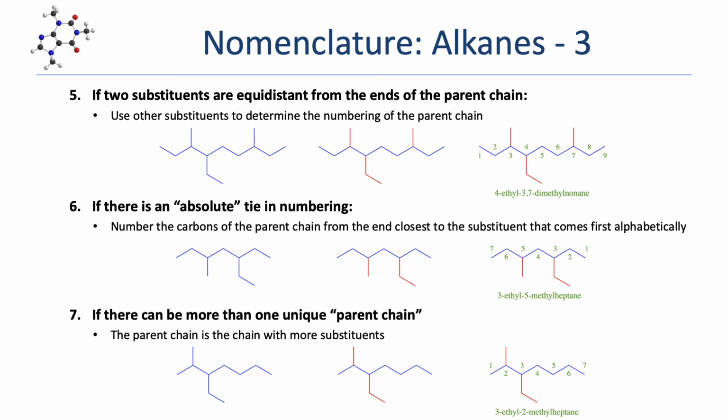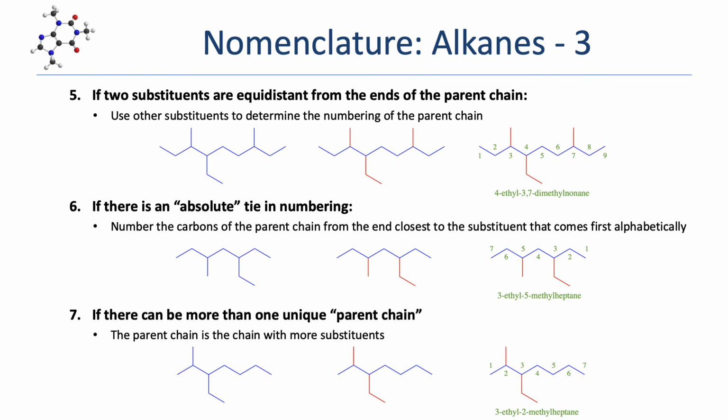Whichever group comes first alphabetically gets the lower locant value. So in this case, we're comparing a methyl group and an ethyl group. Ethyl comes first alphabetically, so we start on the side that is closer to the ethyl group. So in this case, we're actually numbering right to left. After that, it's pretty straightforward. We have 3-ethyl, 5-methyl, heptane. Don't forget to alphabetize those 2 substituents.